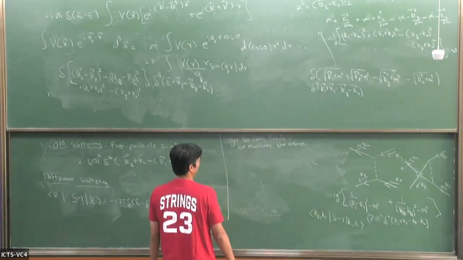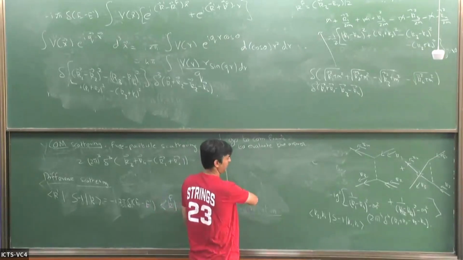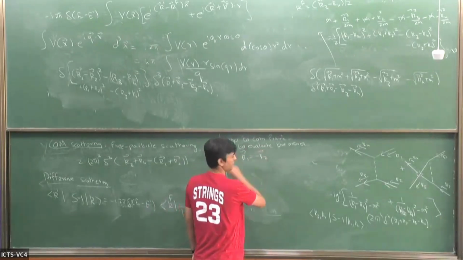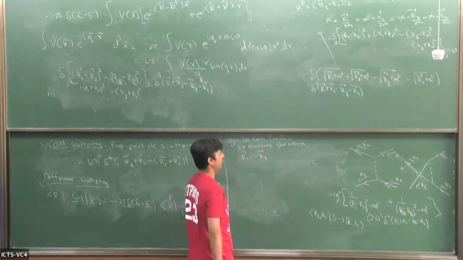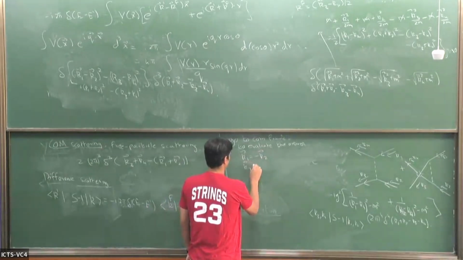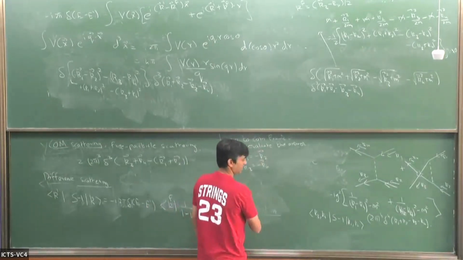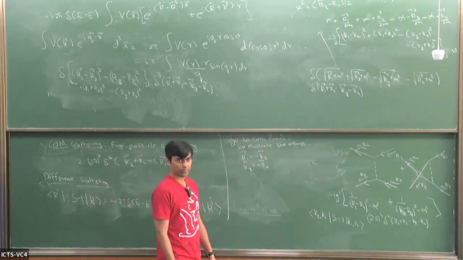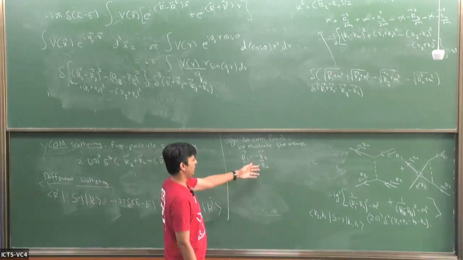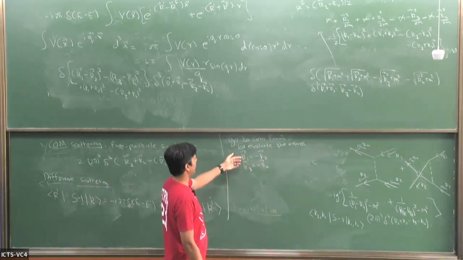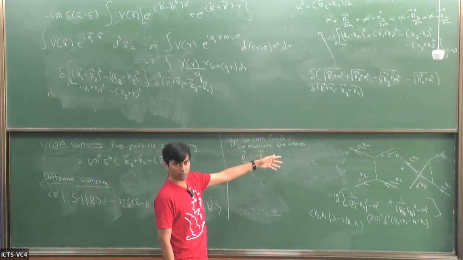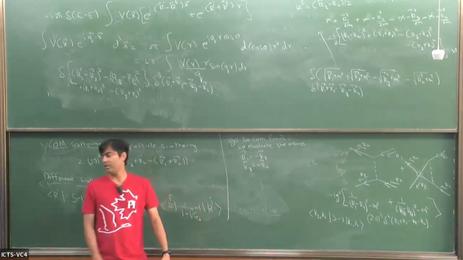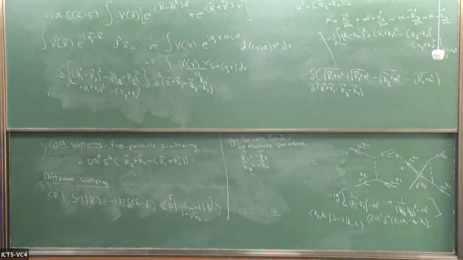In the center of mass frame, what do we have? K1 is equal to minus K2, right? Because the incoming particles are cancelling, and we have K3 is equal to minus K4. What that tells you is that K10 is equal to K20, K30 is equal to K40, and so all these energies.